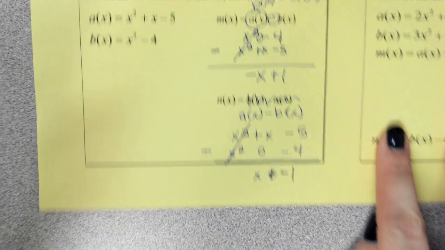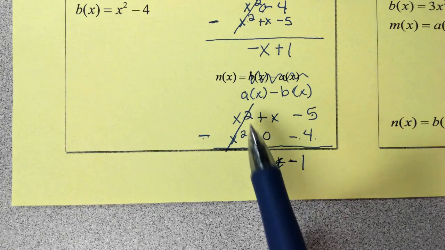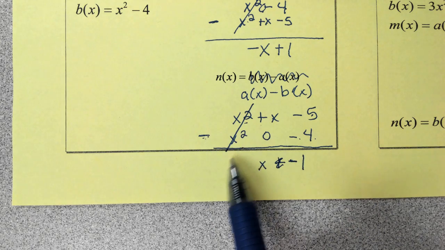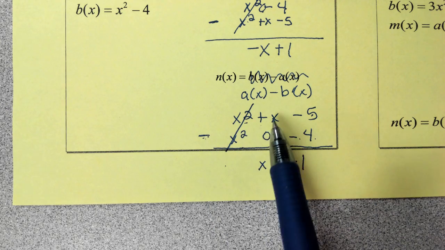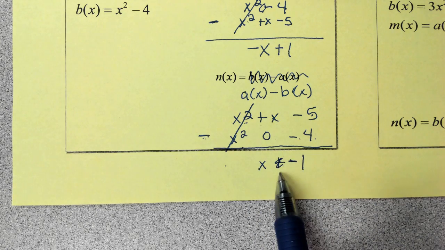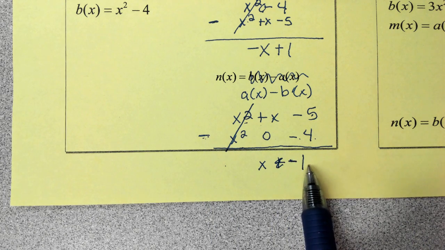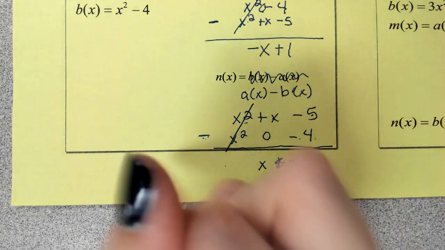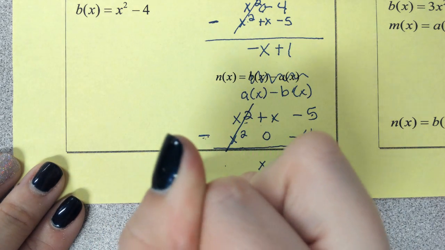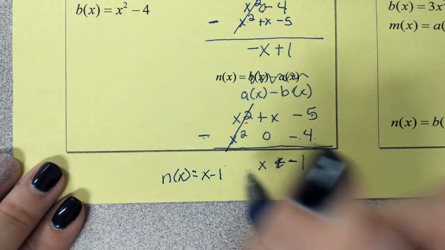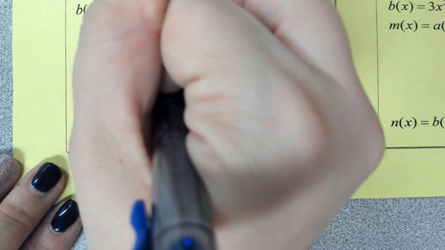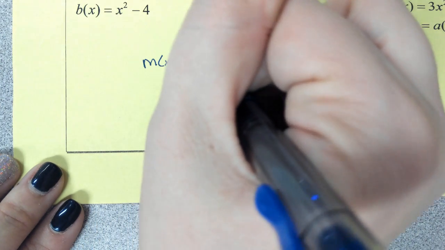I'm going to zoom down so that you can see that. So it's x squared minus x squared. It cancels or gives you 0. X minus 0 gives you x, and then -5 minus -4 gives you a -1. So your final answer, n of x equals x minus 1, m of x equals -x plus 1.